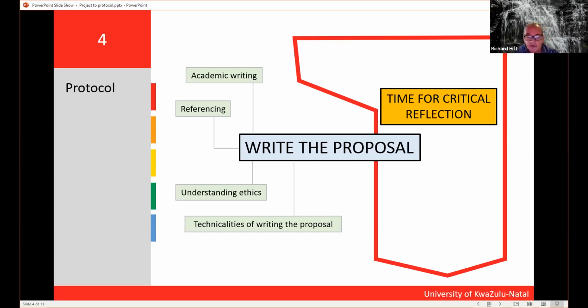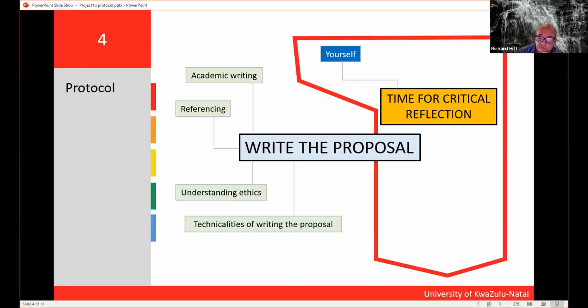This is really the first time you're going to be judged. People are going to review that proposal. People are going to read it. The ethics people are going to see it. And it would obviously be nice to receive compliments on your protocol and not a long list of red pen corrections of all the little things that are wrong, and worse still, the big things that are wrong. And we'll turn to those big things in a second.